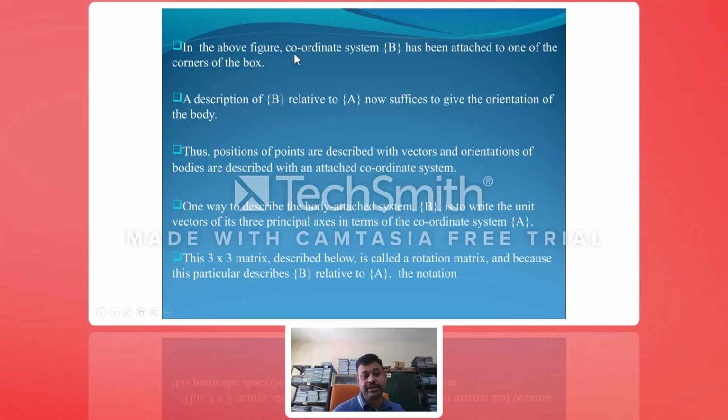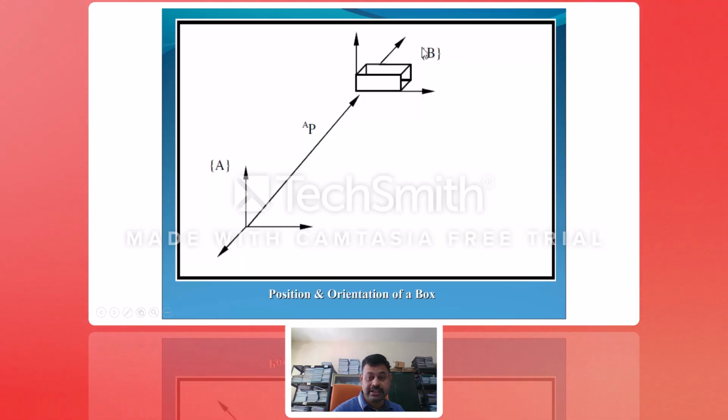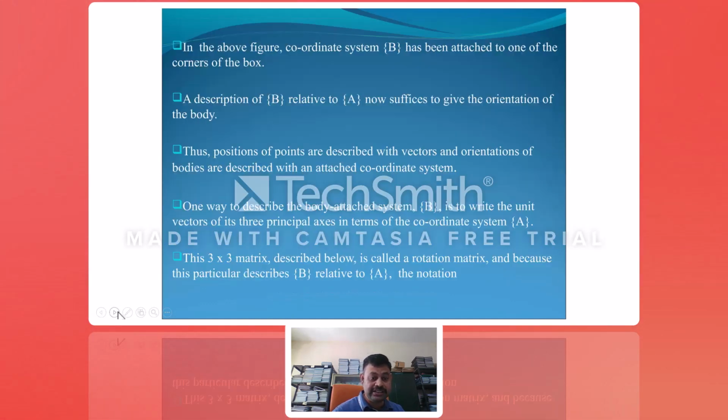From the sketch we need to understand that coordinate system B has been attached to one of the corners of the box. The description of B relative to A gives the orientation of the body, from where to where it is moving. So the position of a point is described with a vector, and the orientation of a body is described with an attached coordinate system.